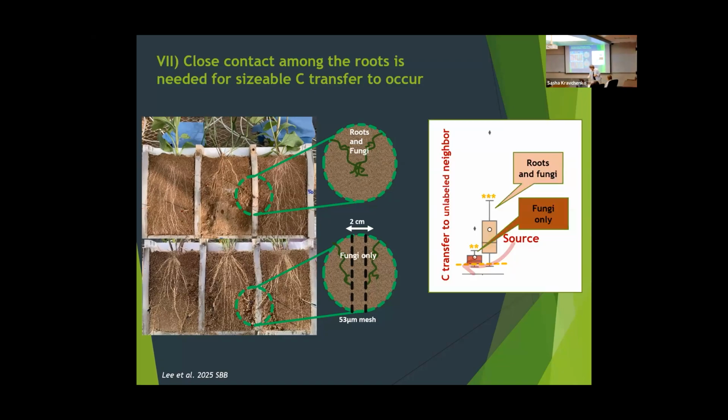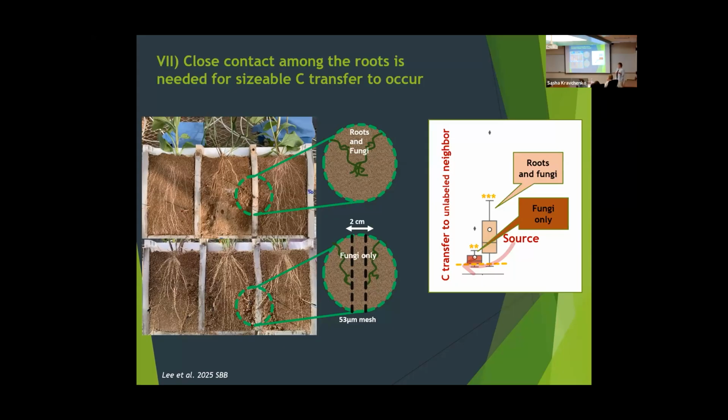So the results, this is just a summary of multiple treatments, was just as one would expect, right? When there was lots of contact by both roots and fungi, then we have a lot of carbon transfers.